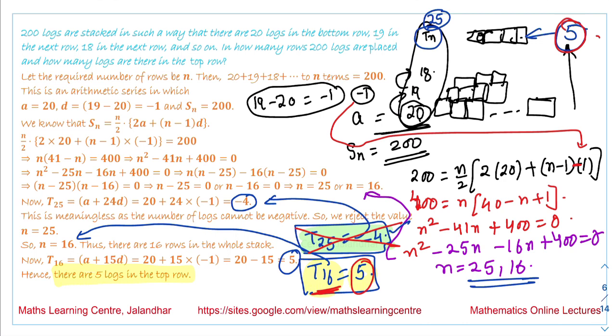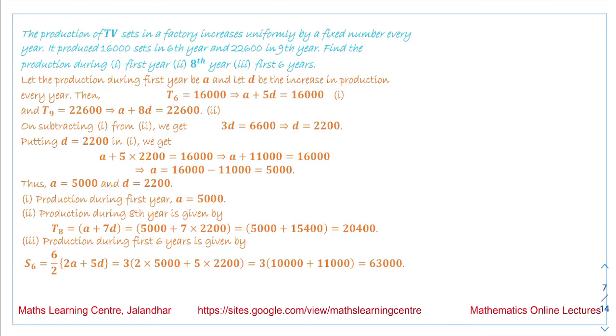Next question we have is: the production of TV sets in a factory increases uniformly by a fixed number every year.